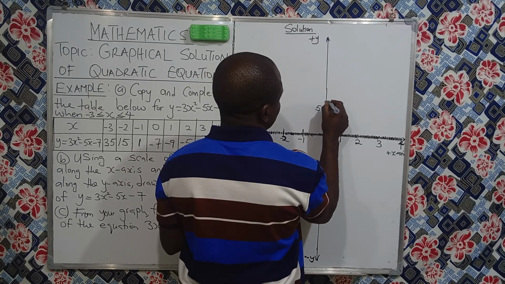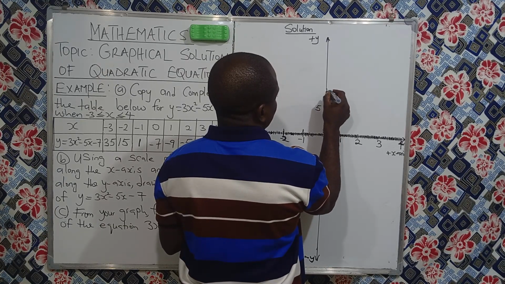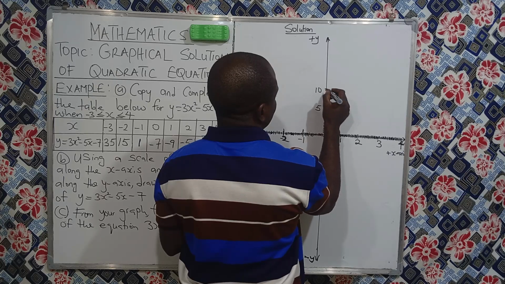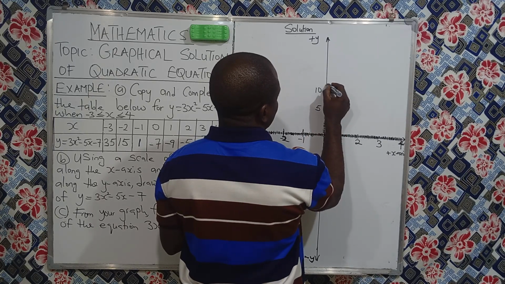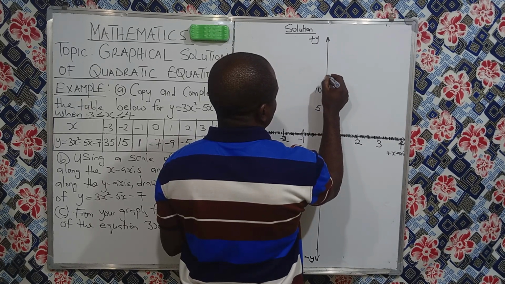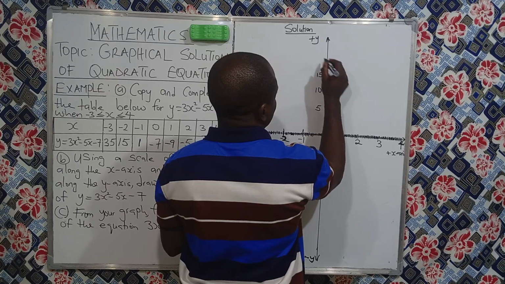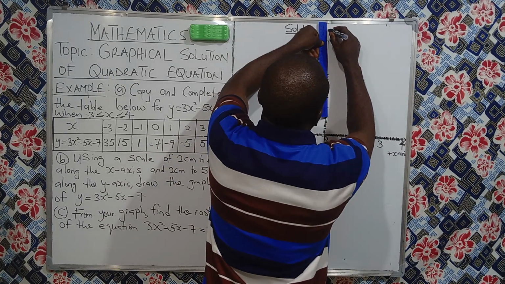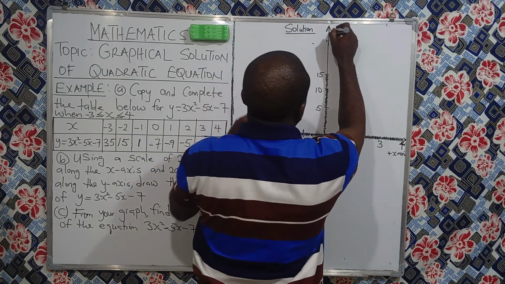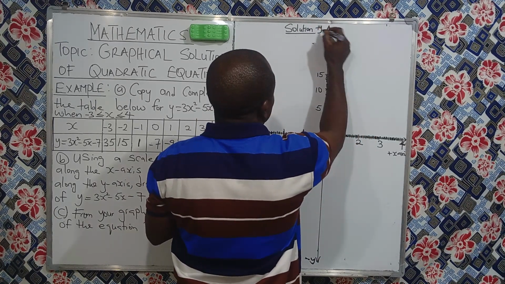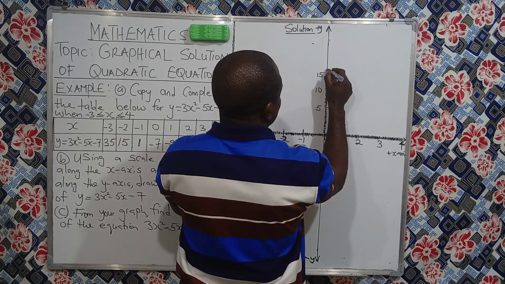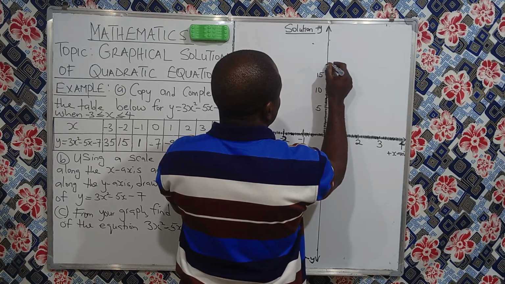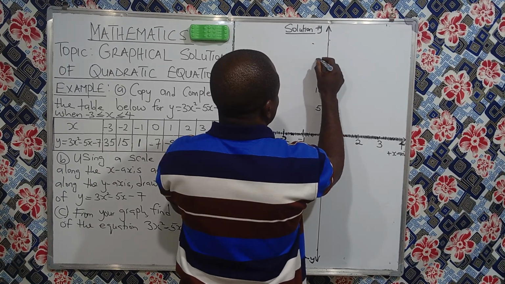Count like that. That's 10, 15, and that's 20.